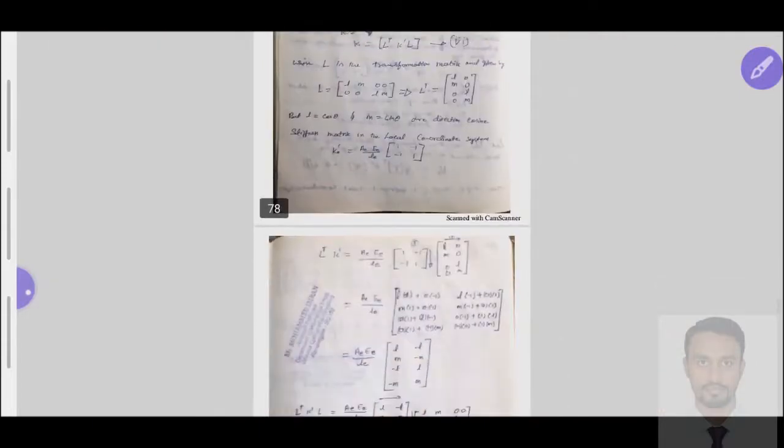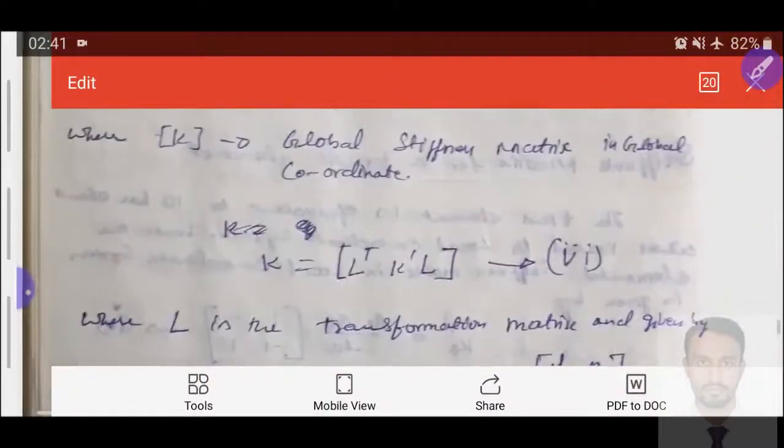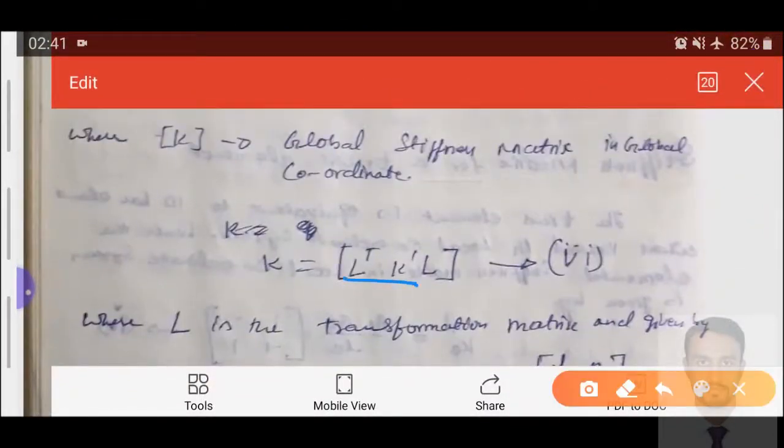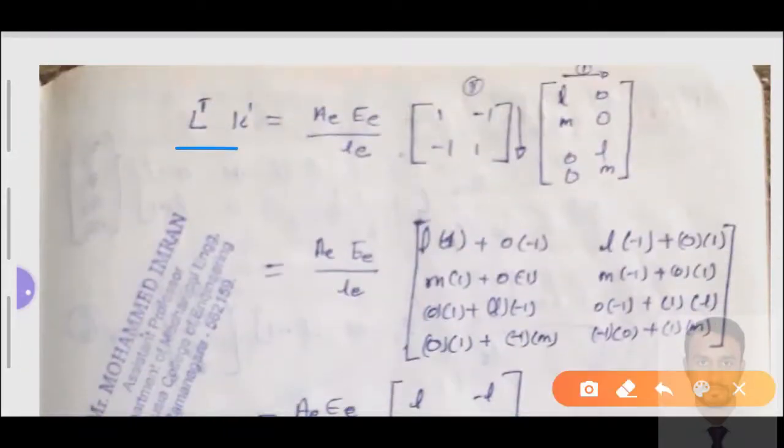So now how will we get that global stiffness matrix for a truss element? I will write here L transpose, K dash, and L. First I'll take the first two, L transpose and K, simplify them, and then multiply with the last one. So L transpose matrix and K. K means AE divided by LE times [1 -1; -1 1].